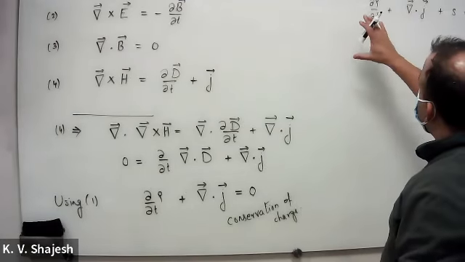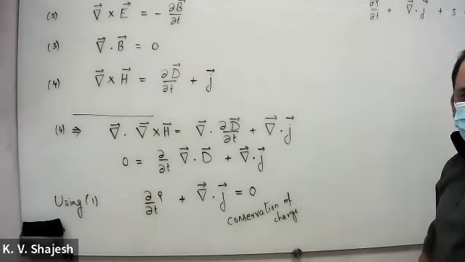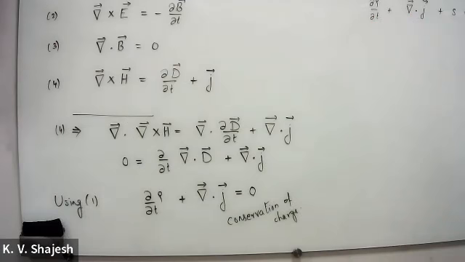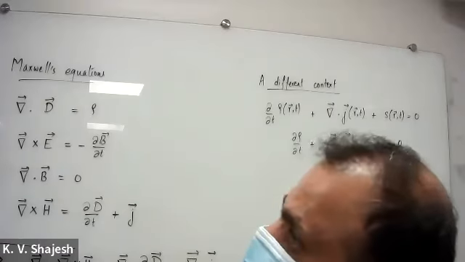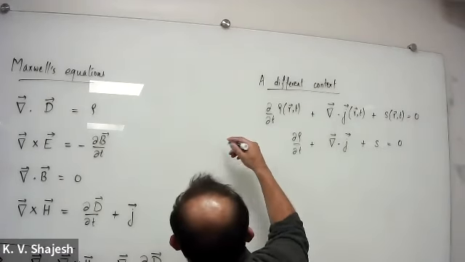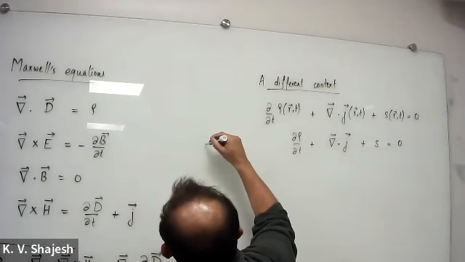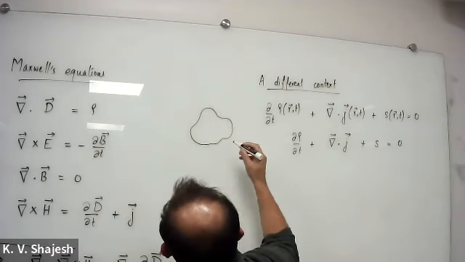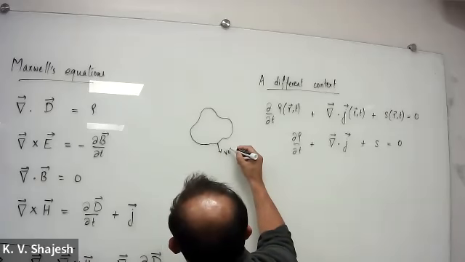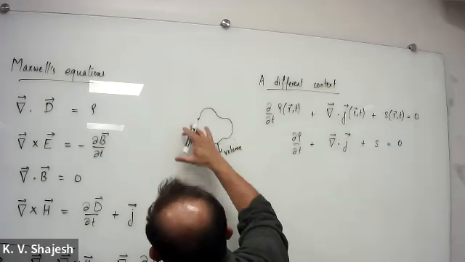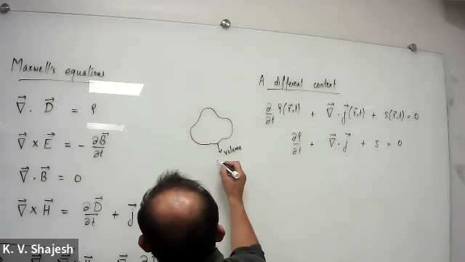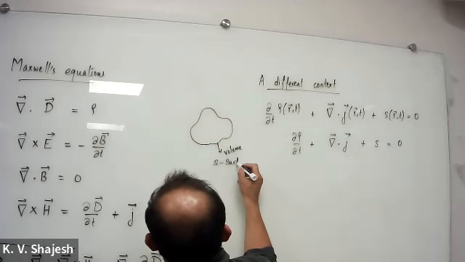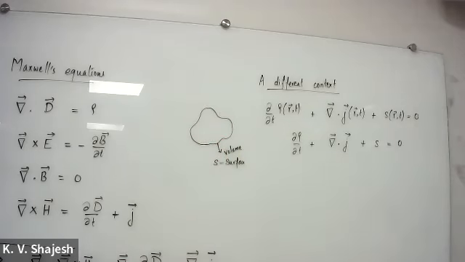Okay. So to get the meaning clear, let us say we integrate over a fixed volume. So this is true at any point. So let's say this is a volume. When I have a volume, it has a surface. S will be the surface and V will be for the volume. Let me integrate over the volume everywhere.